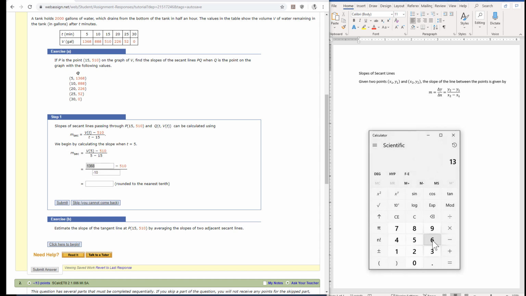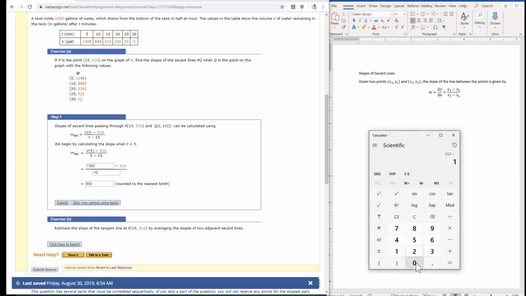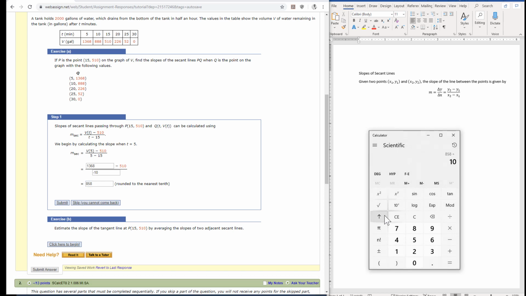So that's 1368 minus 510, and then press equals to get 858. Then we want to divide this by 10. We're technically dividing by a negative, but you can just divide it and then put the negative sign later, or you can put the negative sign now. So divided by negative 10, and then we're going to get negative 85.8.